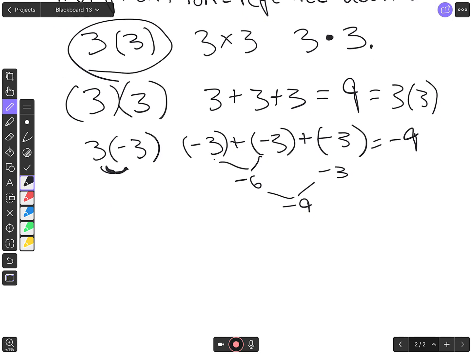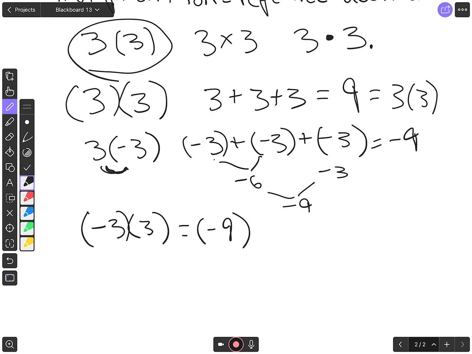Okay, the same is true for negative 3 times 3. Okay, so if we take negative 3 and we multiply it times 3, that too is going to equal negative 9.